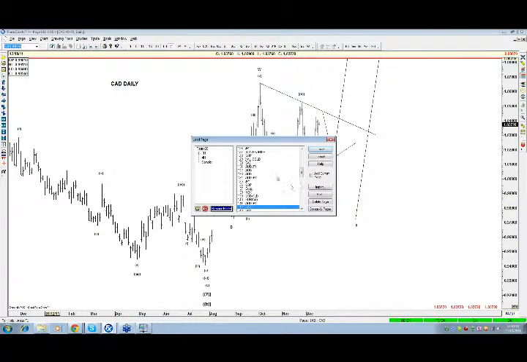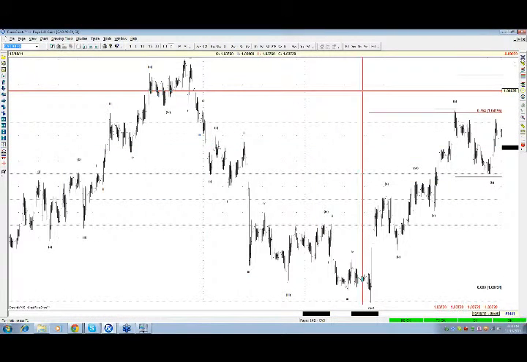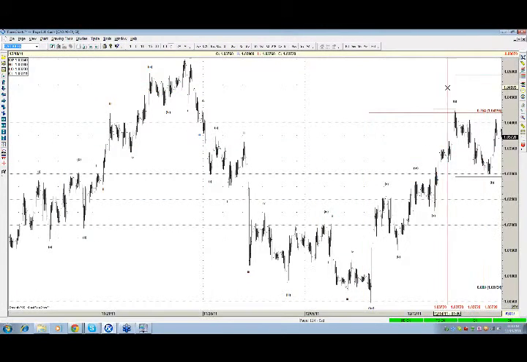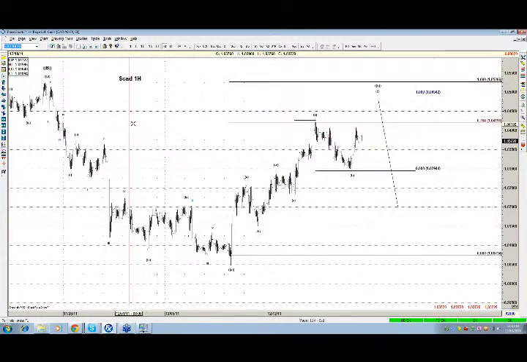For the CAT, now let's take a look at the CAT in the short time frame. This is what I see, but like I explained in the weekly video, it can be done.